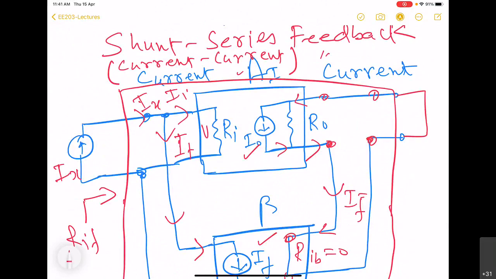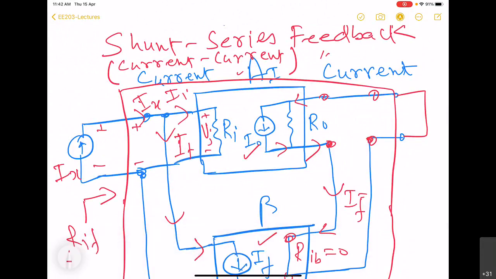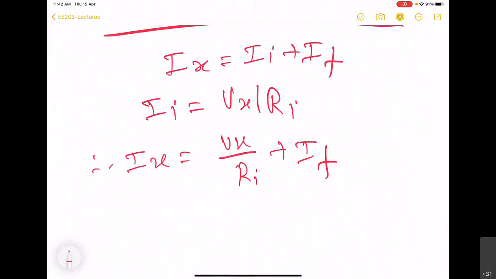So this II produces a voltage Vi here, or we can call it Vx also, because this Vi is the same voltage that we see here. So it will be better to call it Vx. So this is equal to Vx.